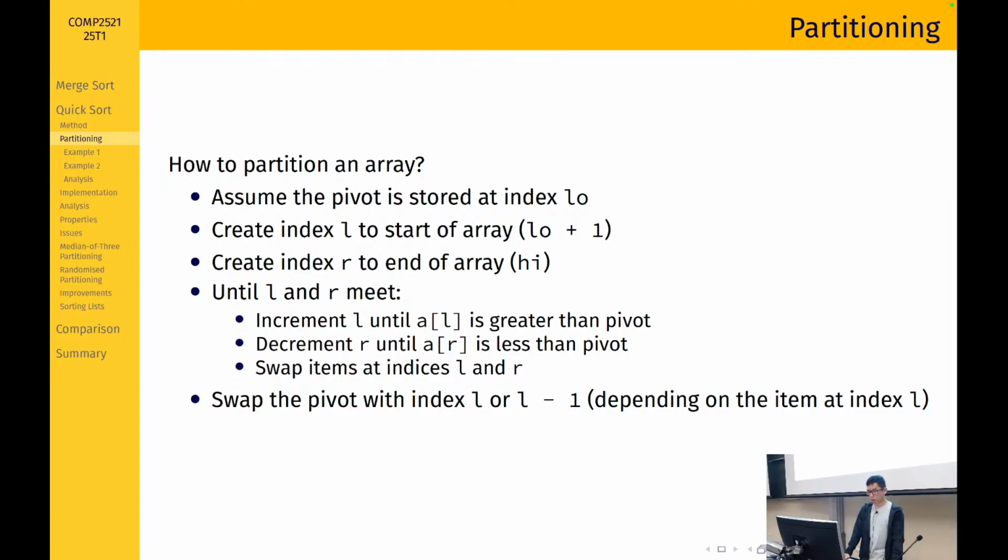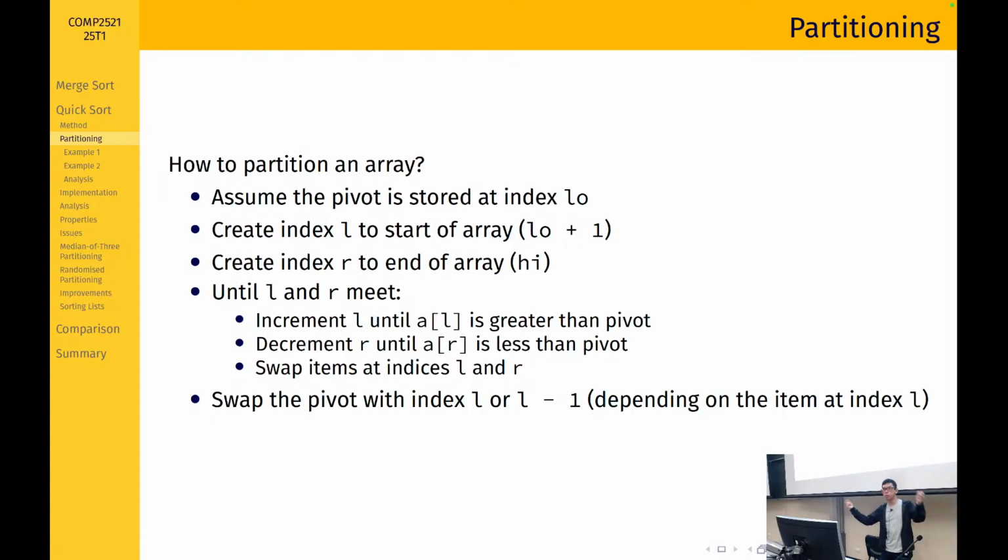And then with these indexes, we're going to keep incrementing the left index until we find an element that's greater than the pivot. So this element doesn't belong on the left side of the array, it belongs on the right side. So we keep incrementing the left pointer until we find such an element, and then we decrement the right index until we find an element that's smaller than the pivot. And this element doesn't belong on the right-hand side of the array, it belongs on the left.